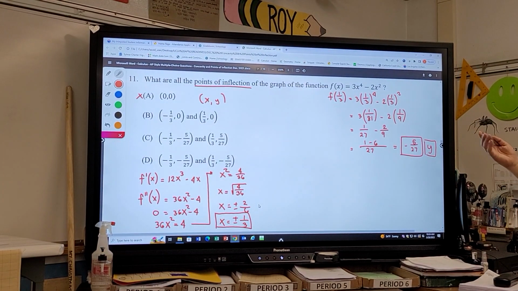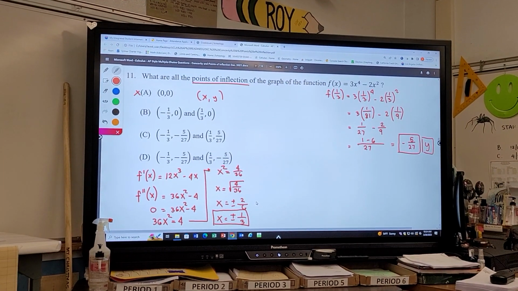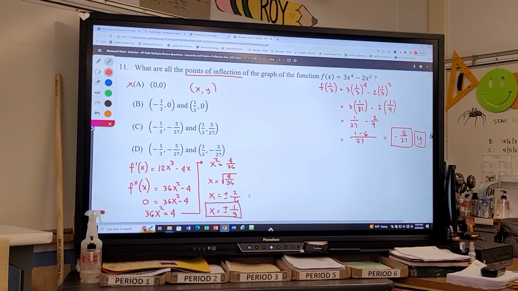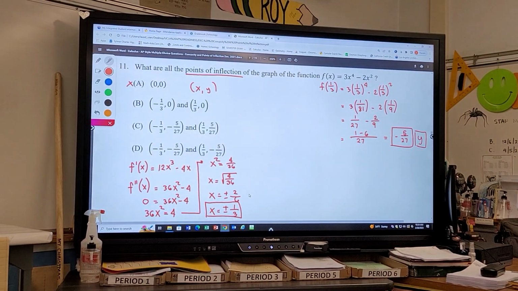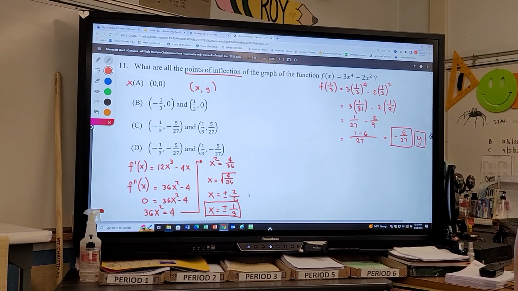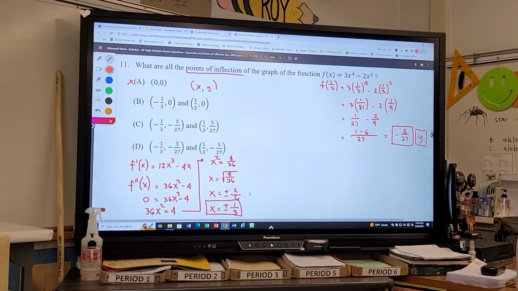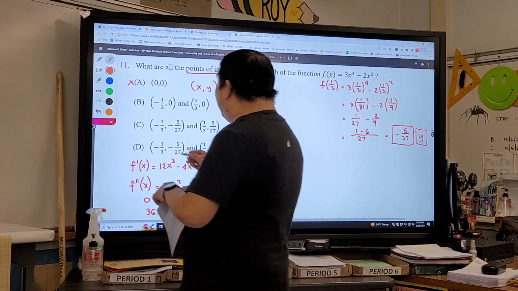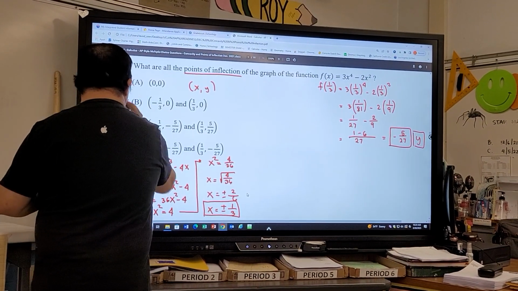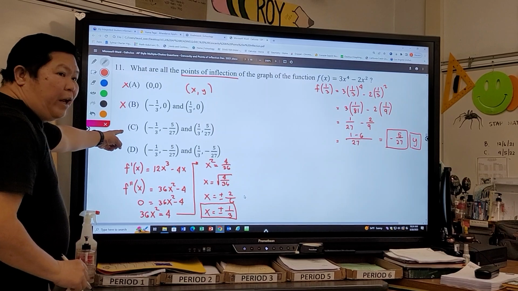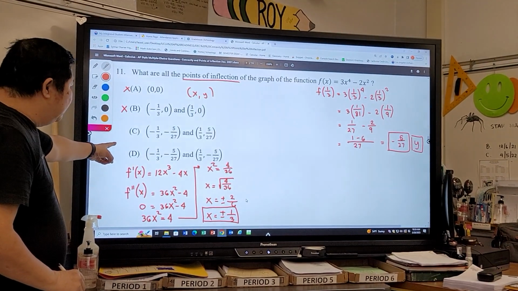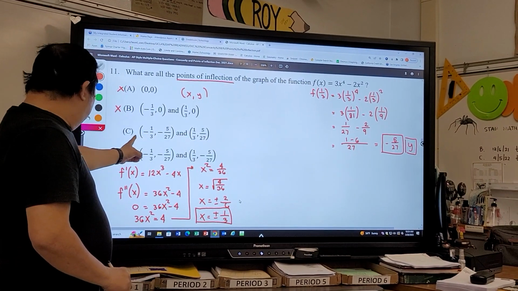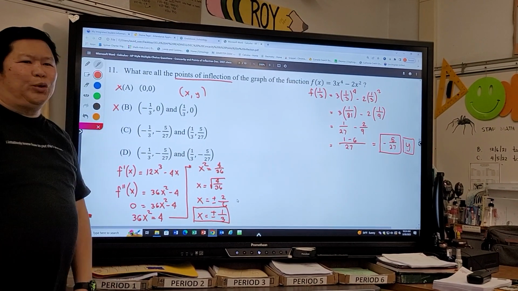So, based on this, what do you think is the best answer? Is it letter B, letter C, or letter D? Based on your judgment, what do you have? So, we're gonna have to knock out D. But careful with this. Which of these two?